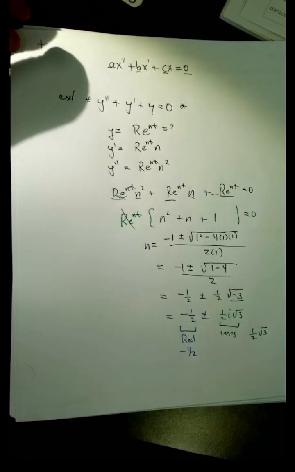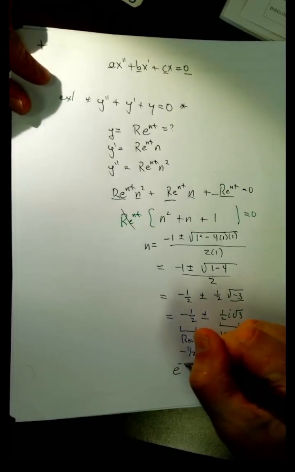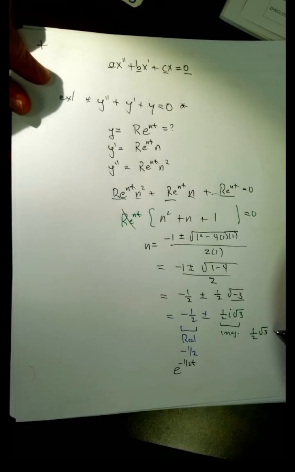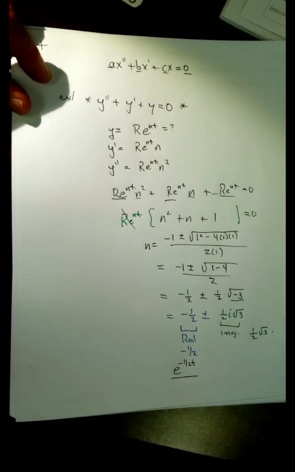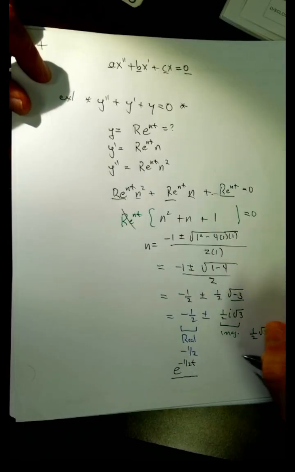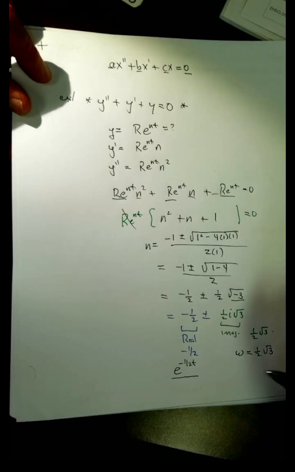Just from that alone, you should recognize we're going to have oscillations because the imaginary part is not 0. The amplitude is going to decay like e to the minus 1/2 t. And my omega then for the oscillations is going to be this.